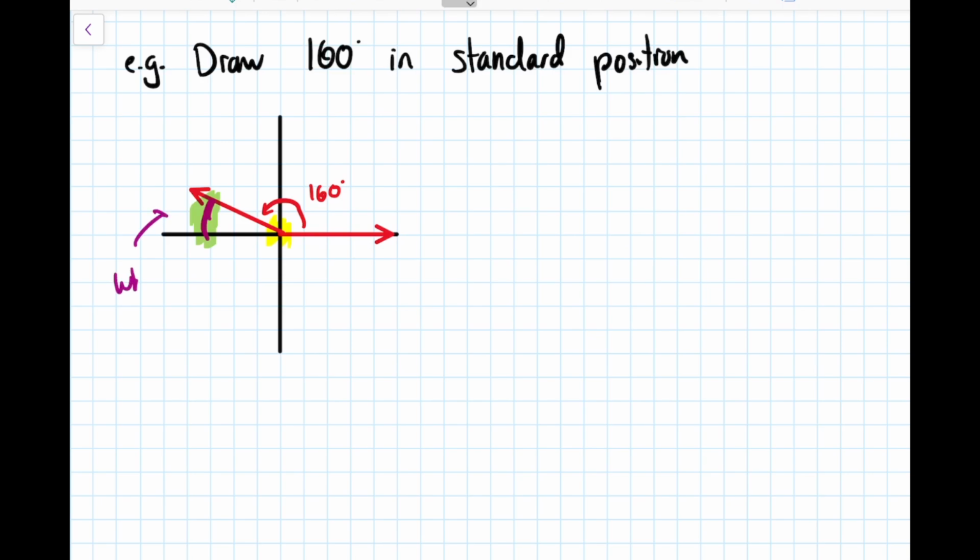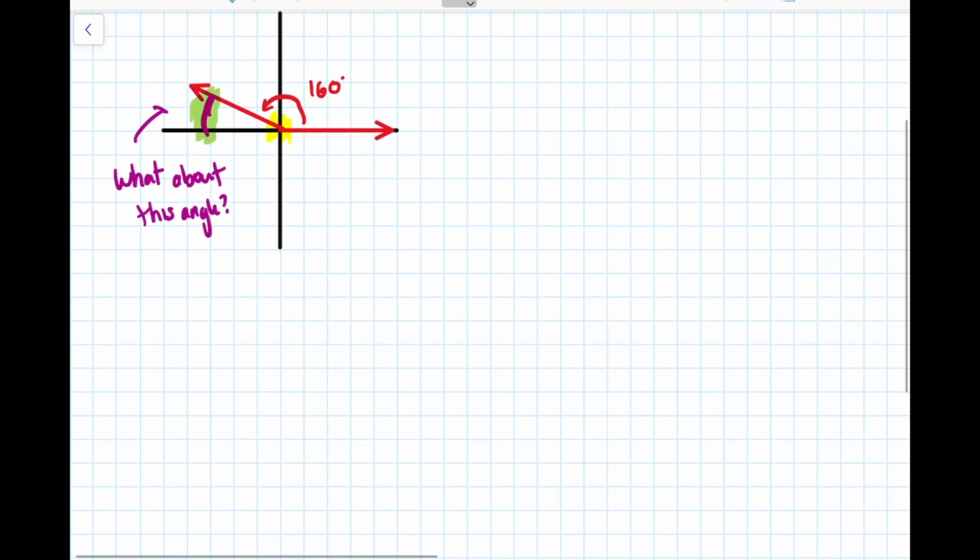That angle is going to be pretty important for a few different things. And it is called, which you might have been able to guess from the title, the reference angle.